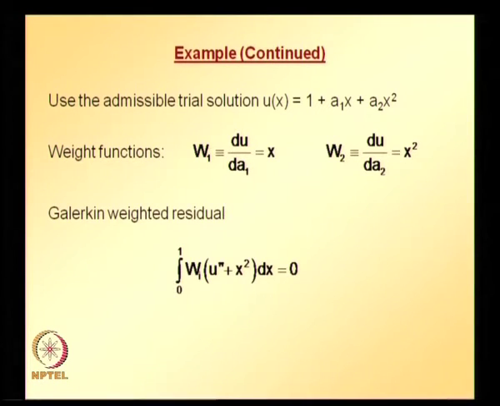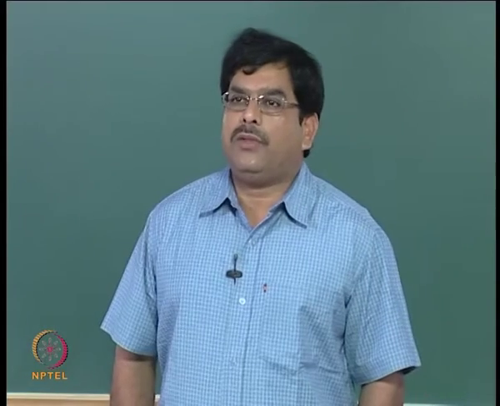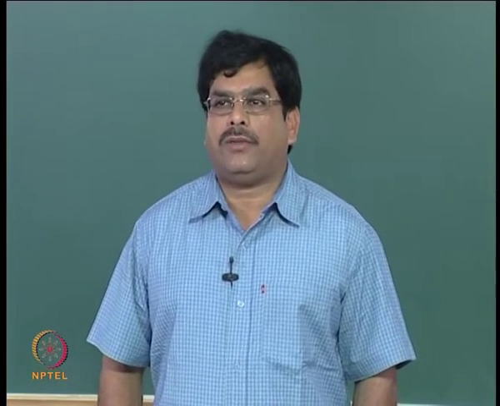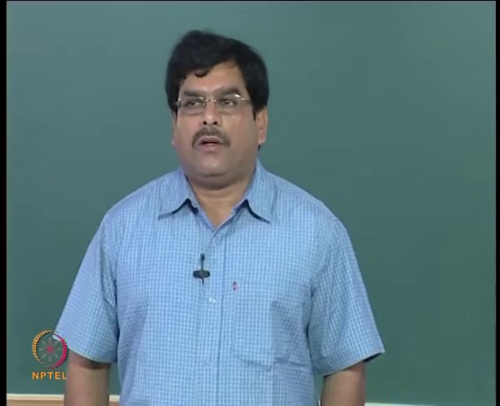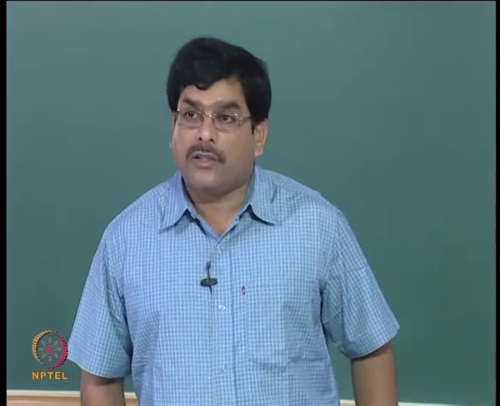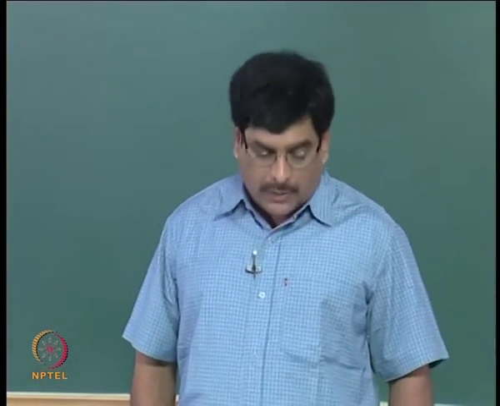And what is the Galerkin weighted residual statement? The given differential equation is multiplied with a weight function, integrated over the problem domain and equated to 0. Again you need to identify which term has the higher order derivative, use integration by parts, reduce the order of derivative on that term and transfer the derivative to the weight function.